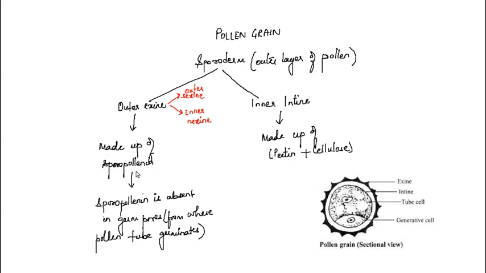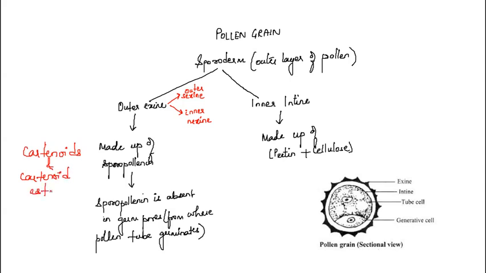Now, the most distinctive chemical component of the pollen wall is sporopollenin. Sporopollenin consists of some oxidative chemicals known as carotenoids and carotenoid esters.